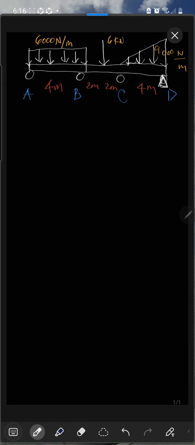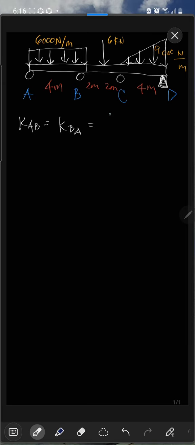Okay, so first step is to compute the modified stiffness. So it is modified so that we can compute the distribution factor. So we have K AB, which is also equal to K BA.